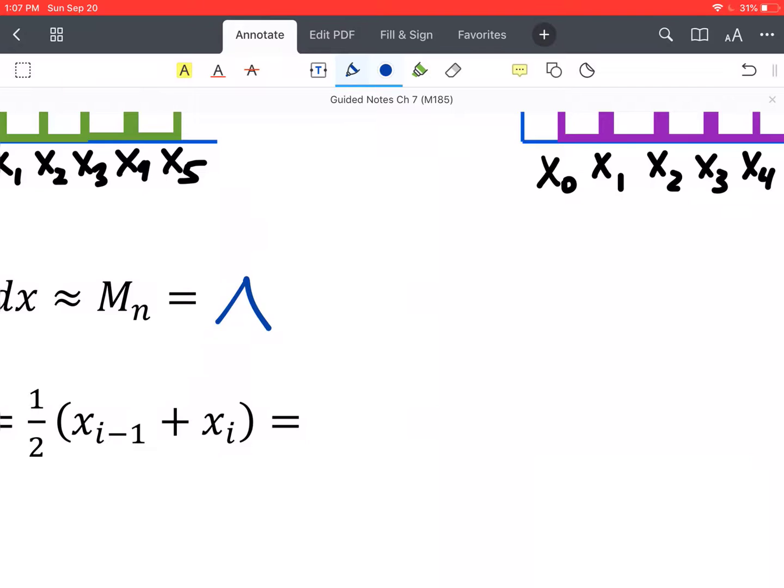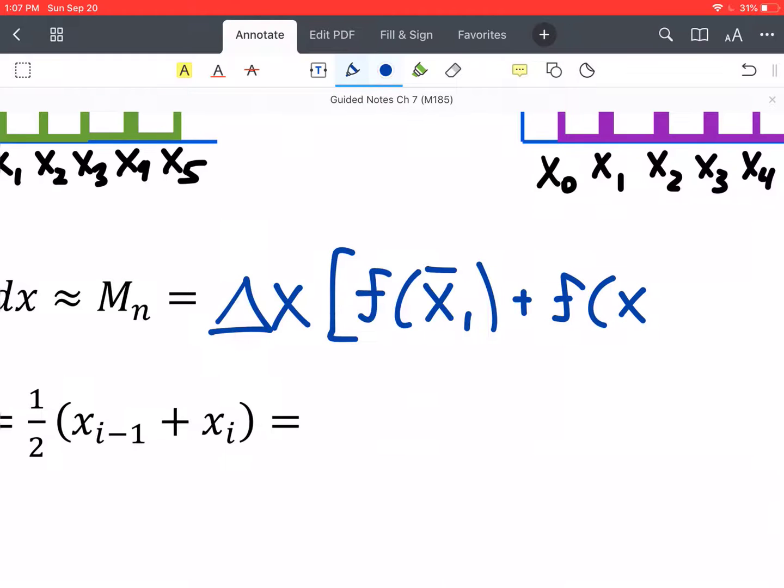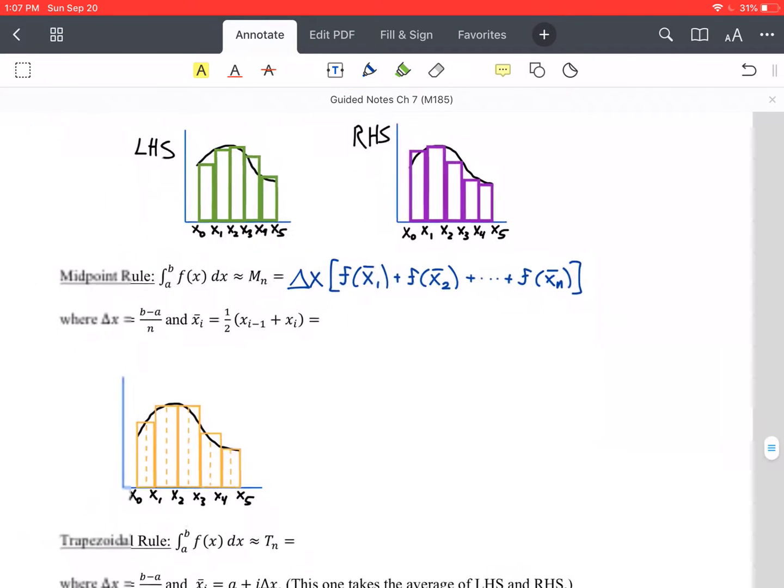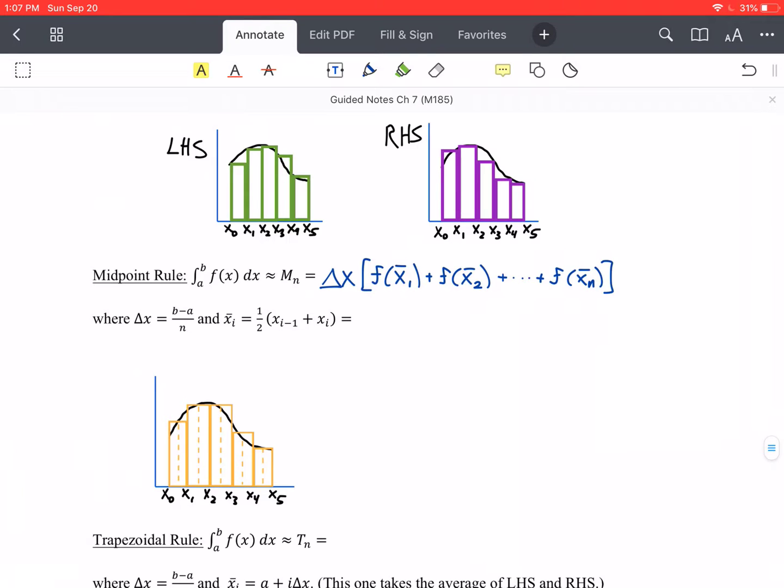And this is equal to delta x times f of x1 bar plus f of x2 bar, etc., all the way up to f of xn bar. And this is where delta x is b minus a over n, right? So that tells us how wide each rectangle is.